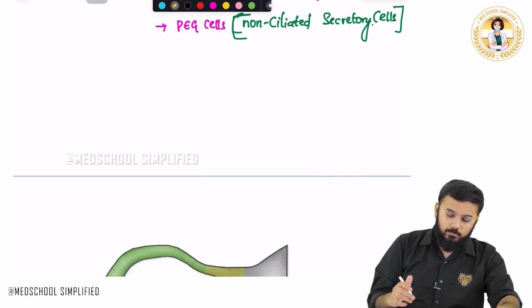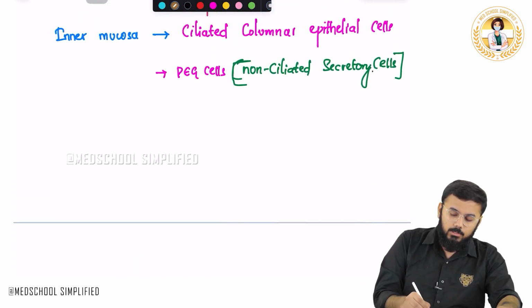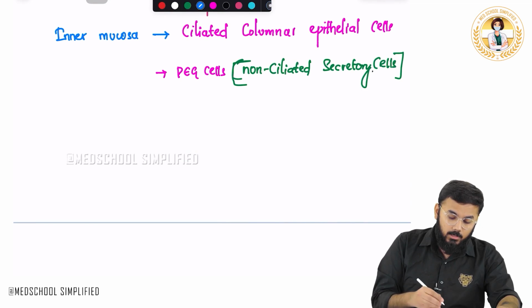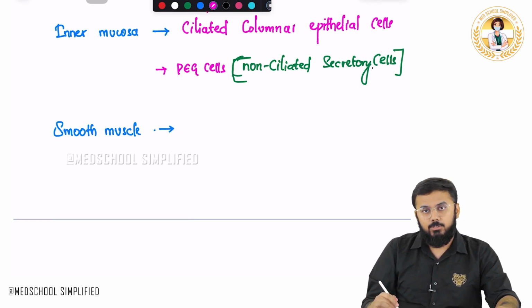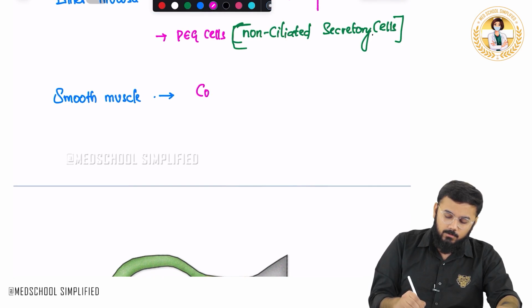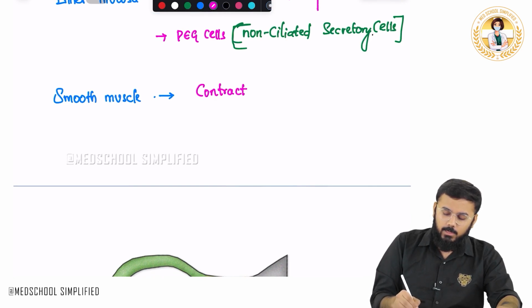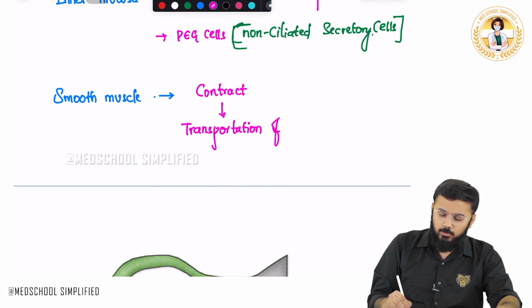So the second important thing is that it has smooth muscle. I told you smooth muscle will contract, and this contraction will lead to transportation of ova and sperm.